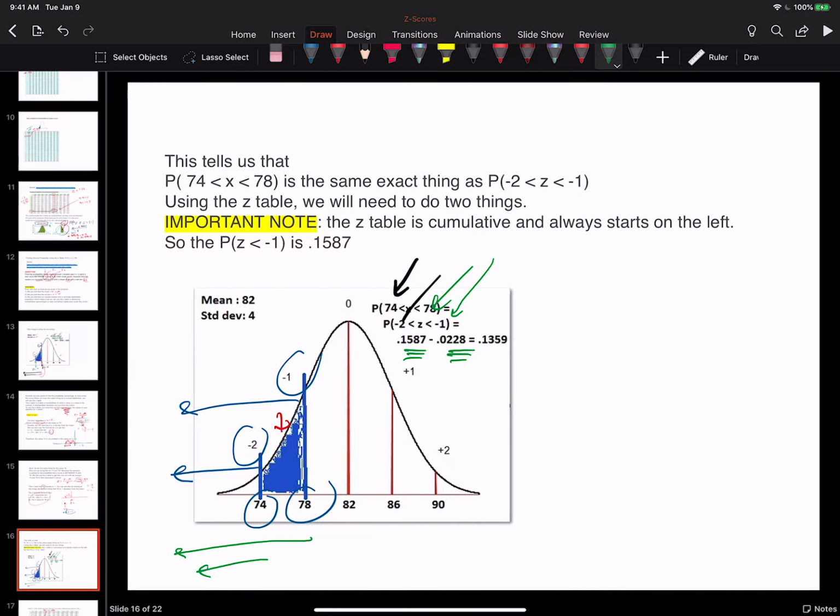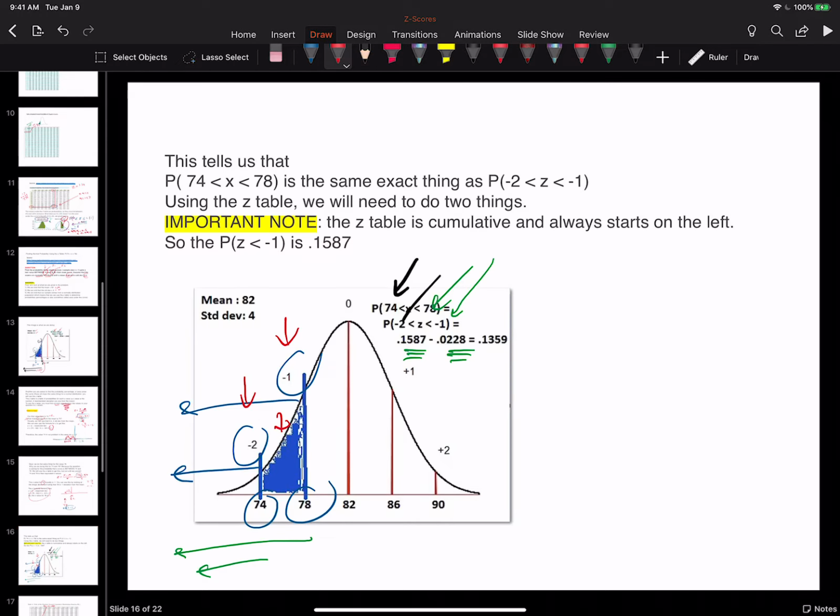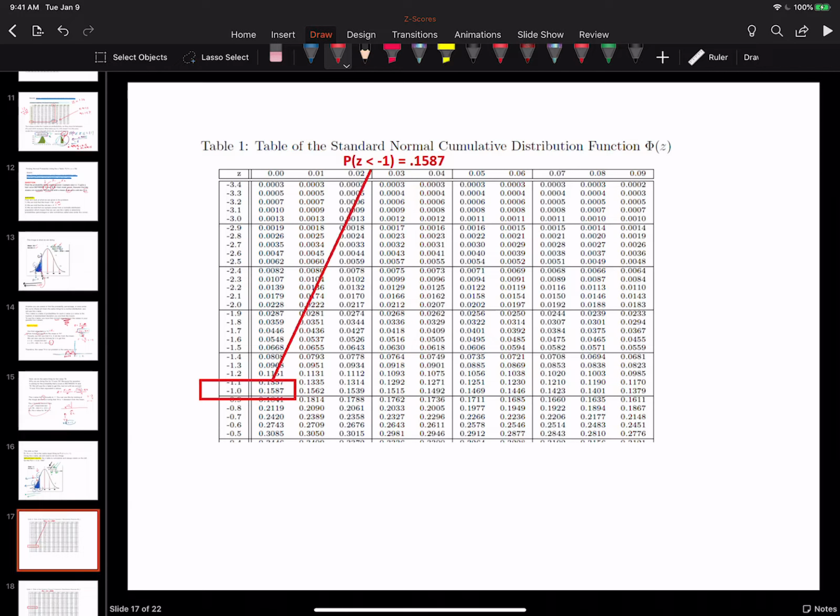Let's look at the table. Just keep in mind, we are trying to read below -1 and below -2, and we're going to subtract. This is below -1, and nothing added after the decimal point, so it's 0.1587. You could see it in the box, but for your convenience it's written on top.